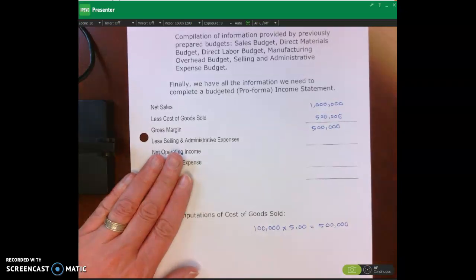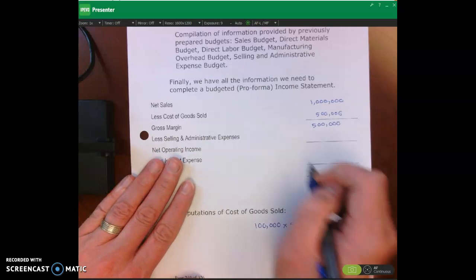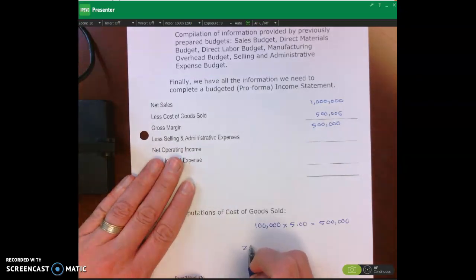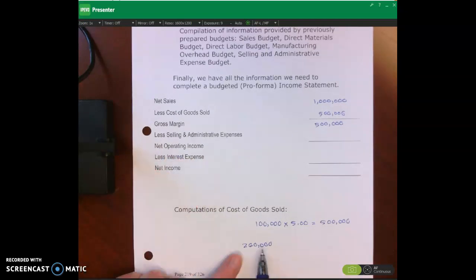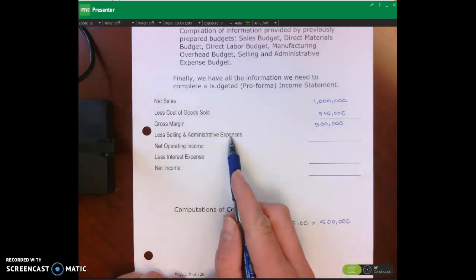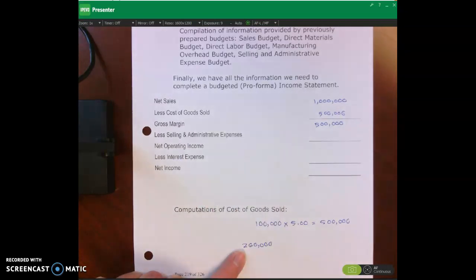And then we can look towards our selling and admin budget, which is right over here. If you look back at the selling and admin budget, remember we had $260,000 total selling and admin expenses for the quarter, and that's from our selling and admin expenses. And that does include depreciation. Okay.